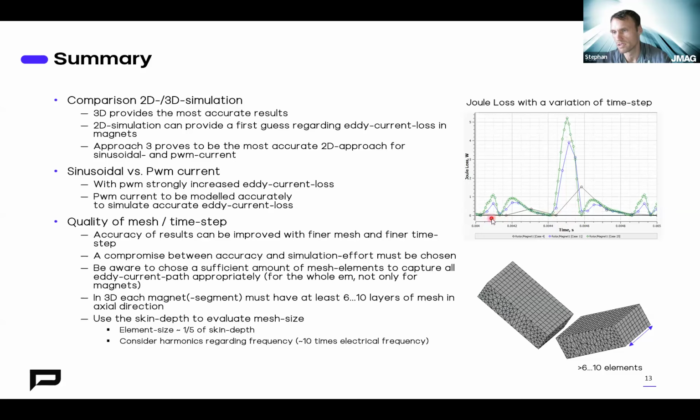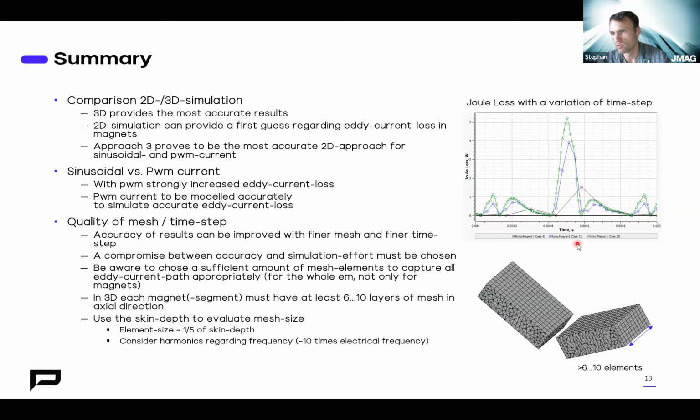Here you can see that with a very rough time step, it cannot represent all the harmonics which exist inside the PWM. So you will end up with a very low value of eddy current loss in magnets.